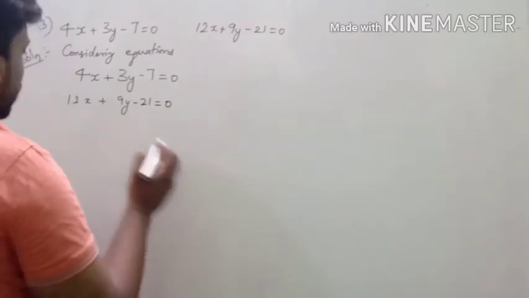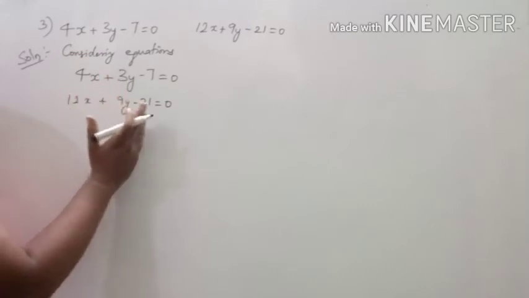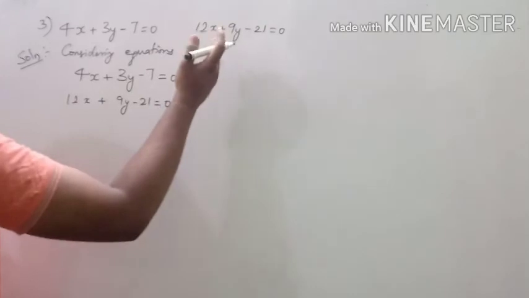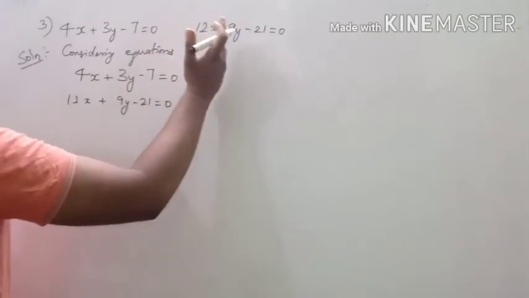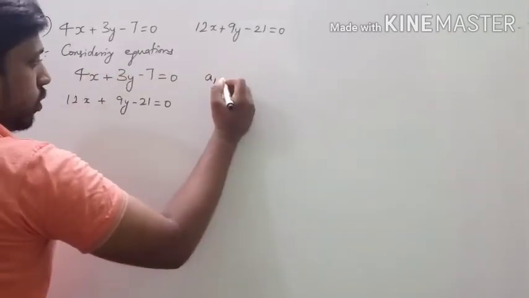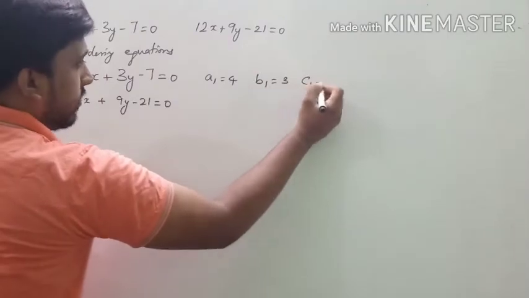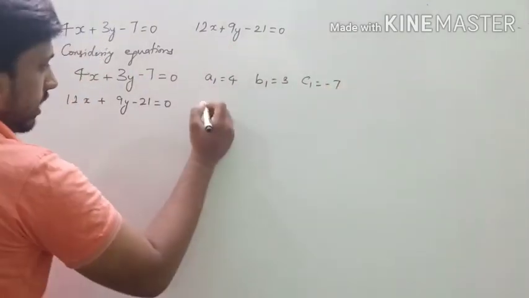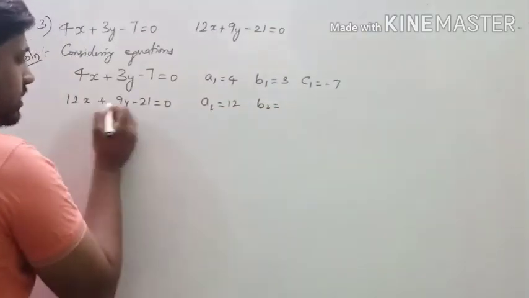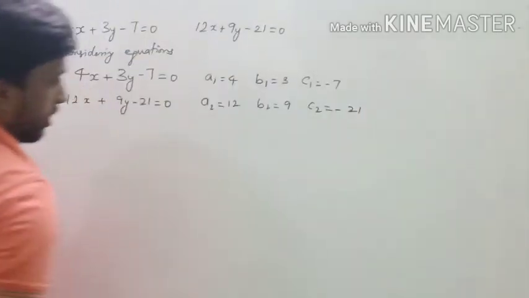Here, look at it, the x should come in the same place, y and the constant. Be careful in arranging. Sometimes if it is mixed, make x in the first term and y in the second term. So here a1, the coefficient of x, is 4, b1 is 3 and c1 is minus 7, a2 is 12, b2 is 9 and c2 is minus 21.